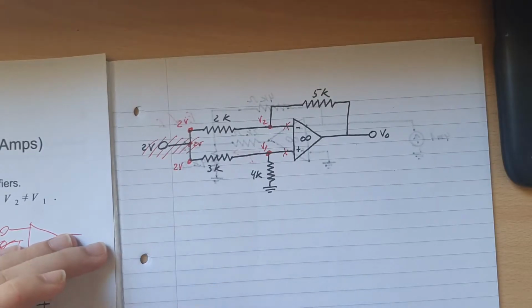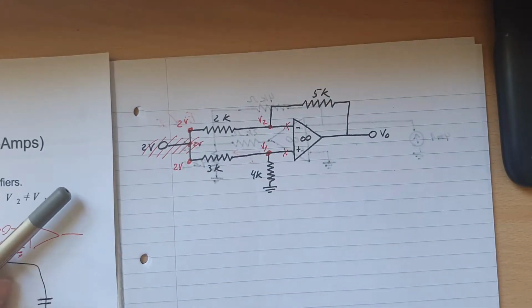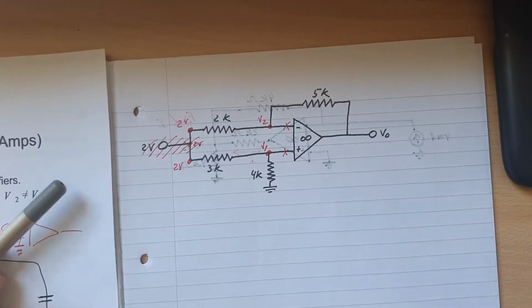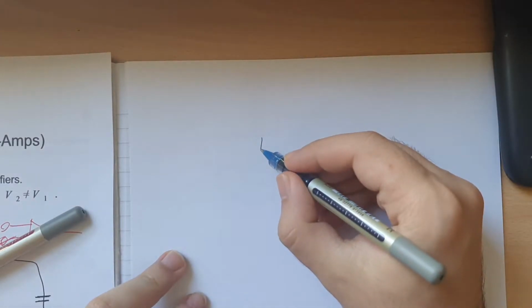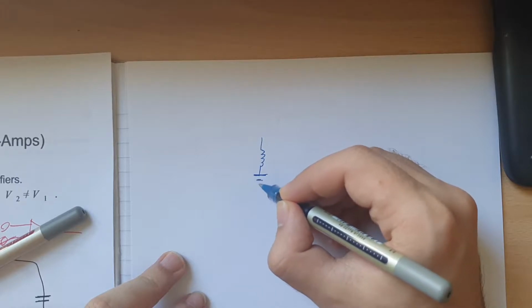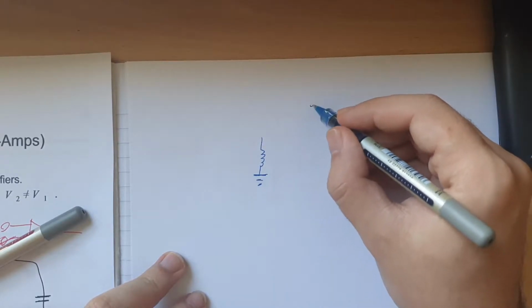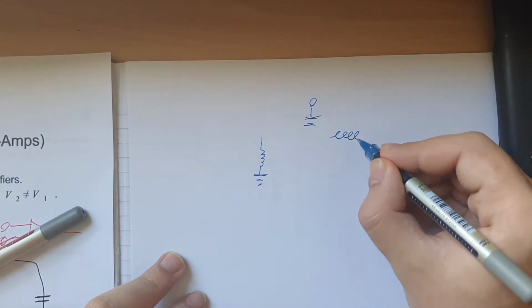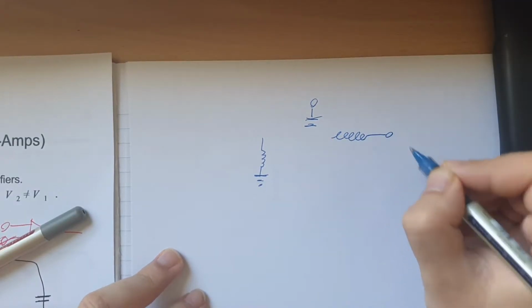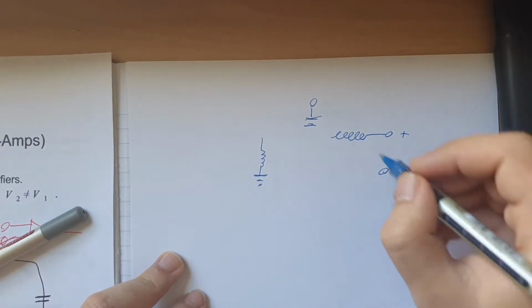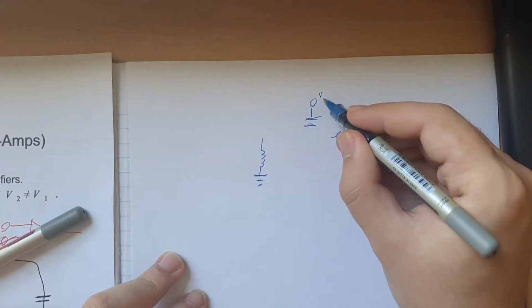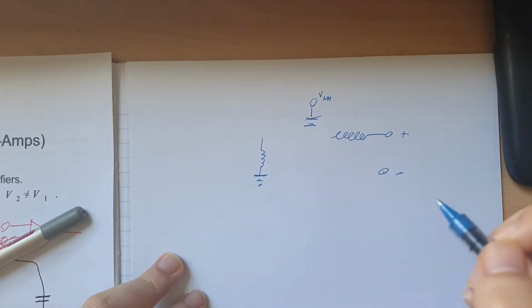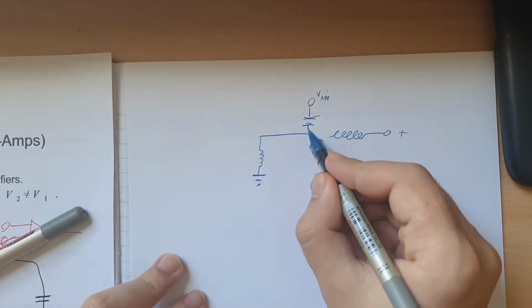Usually when you see a circuit, let me get a page so I can show you. That's why I find op amplifiers different and difficult for some people. When you see a circuit like this, with a capacitor, let's say, and then an inductor here, plus minus, and this one is Vin, and this one is nothing, and then you see them connected like this.